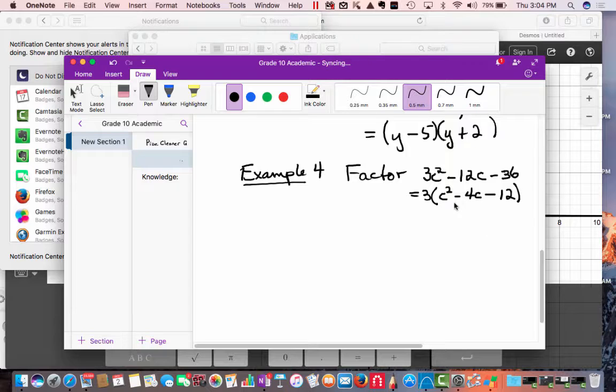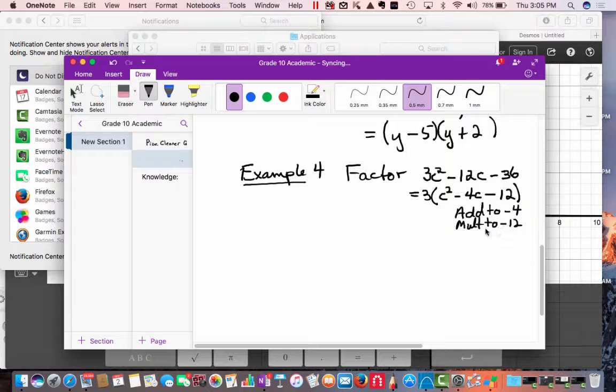The trinomial that remains in the bracket is of the form x squared plus bx plus c, although the variable we're using here is c. So let's see if we can find some numbers that add to negative 4 and multiply to negative 12.